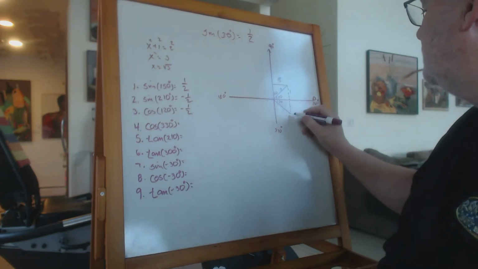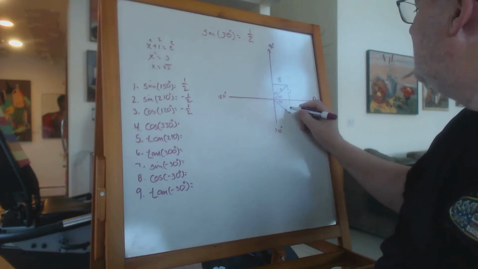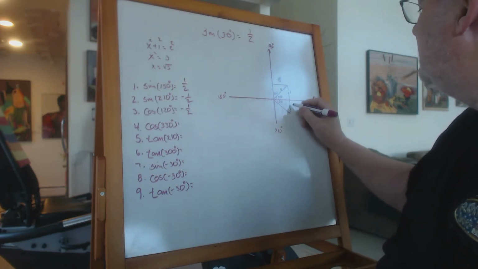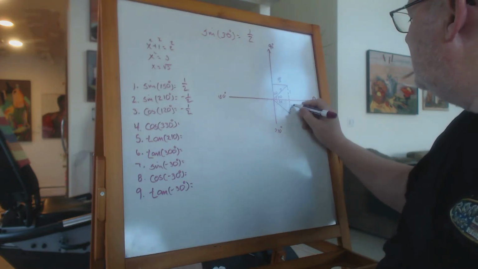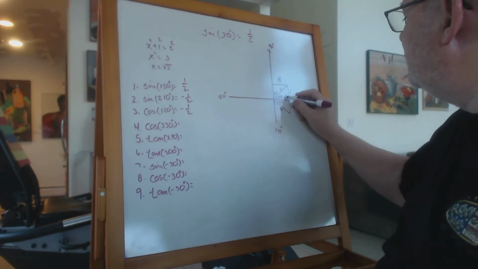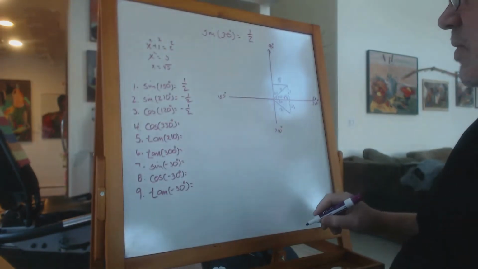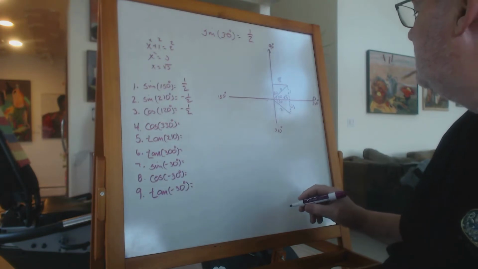And so this is -1, 2, and the square root of 3. And we want the cosine of that.